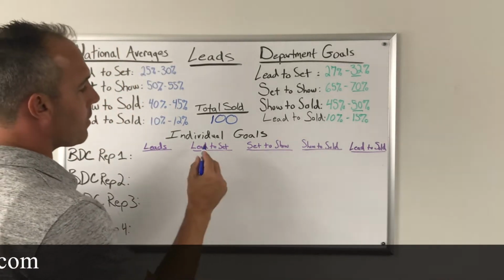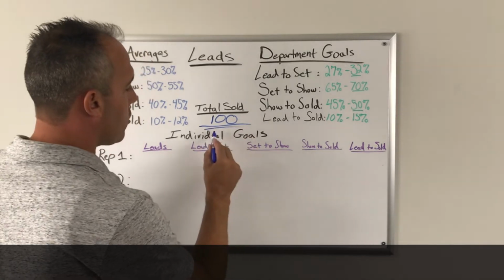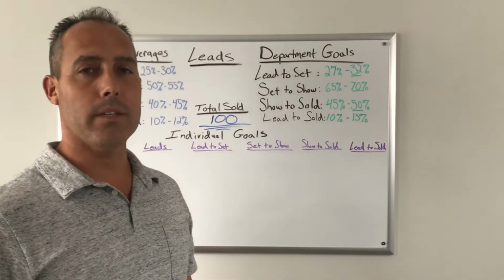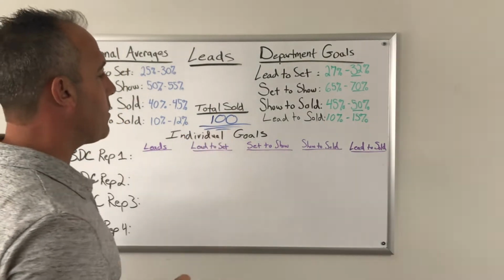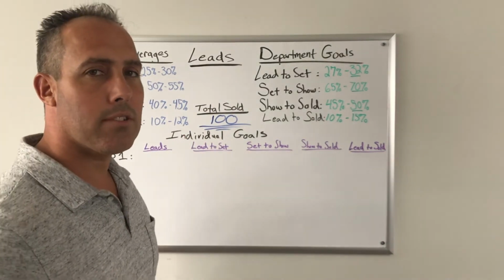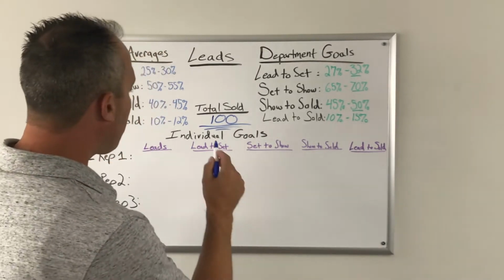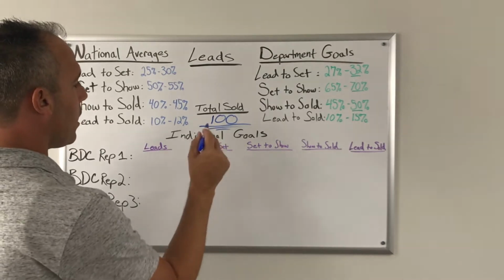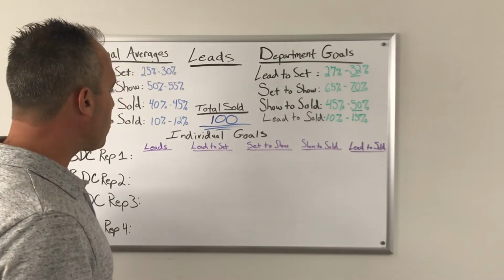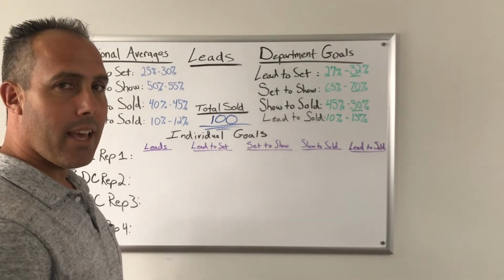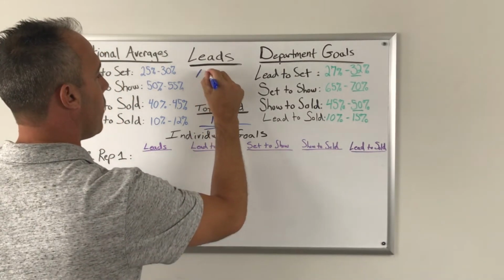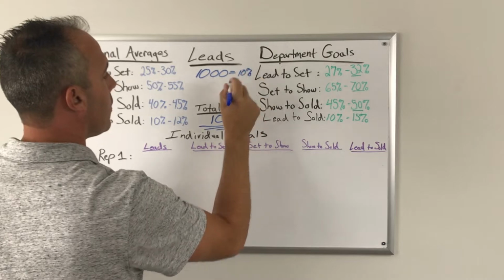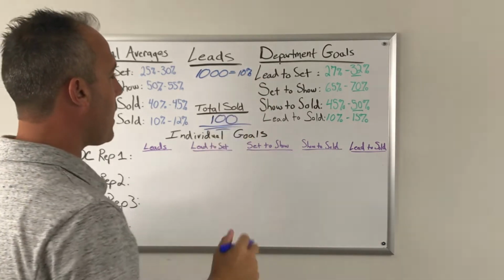So if you start with the end in mind, and that is 100 sales out of your BDC or your internet department, let's look at what 100 sales would need in order for us to reach that goal. If we're selling 10% of our leads and that equals 100, then 100 divided by 10% is 1,000 leads. So 100 is 10% of 1,000 leads.